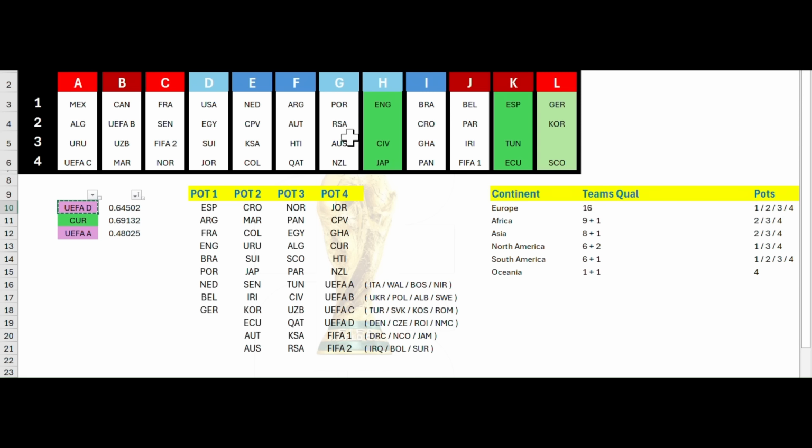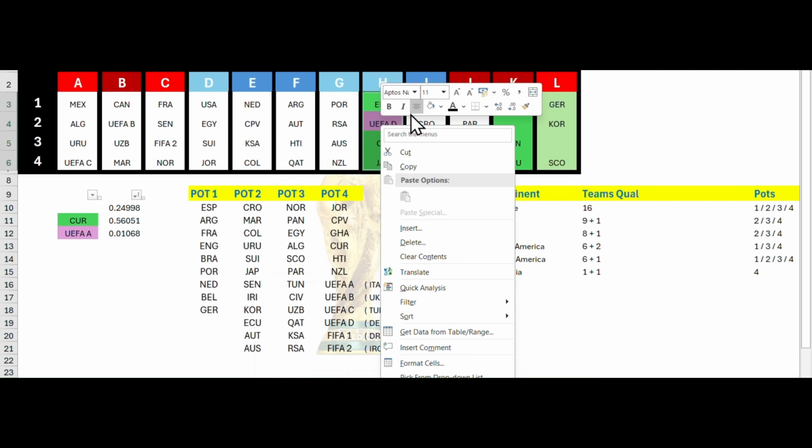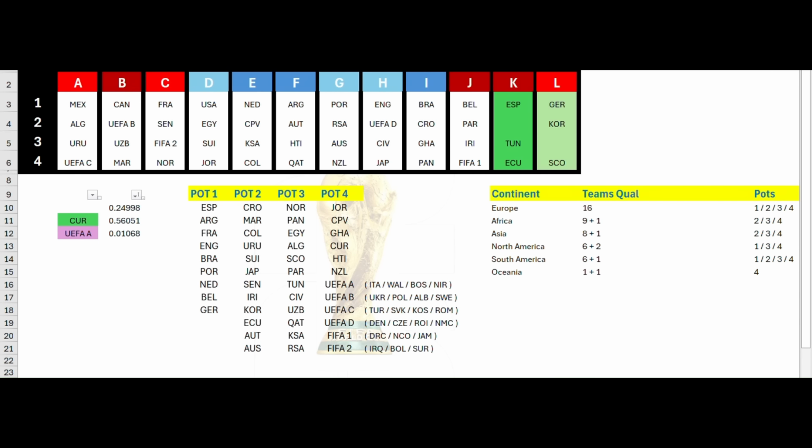UEFA playoff winner D will be England's first opponents. That's going to be either Denmark, Czechia, Republic of Ireland, or North Macedonia. And because of the constraints on maximum of 2 European sides per group, we know who's going where from this point on.